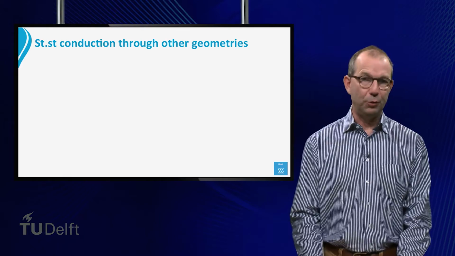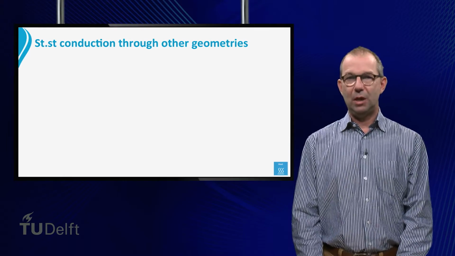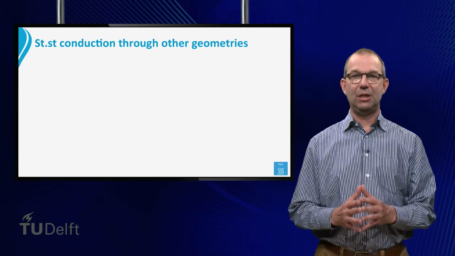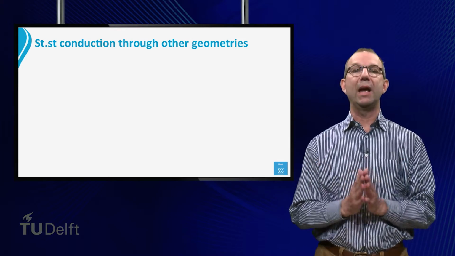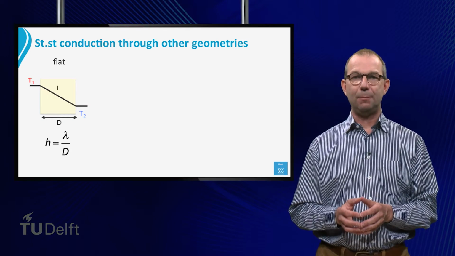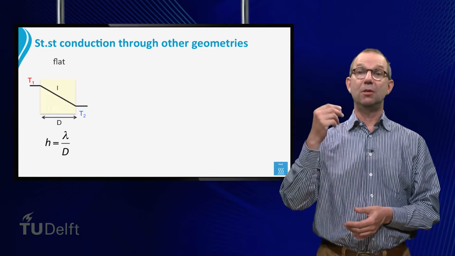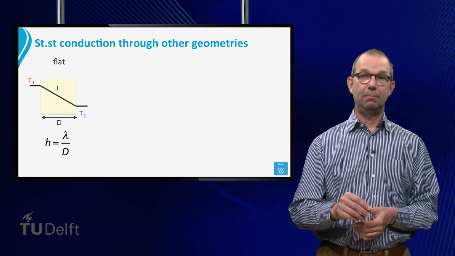With the concept of Newton's cooling law and the heat transfer coefficient h, we can summarize the results of steady-state conduction in a simple way. For instance, the case of the flat plate is completely characterized by saying that h is equal to lambda over d.